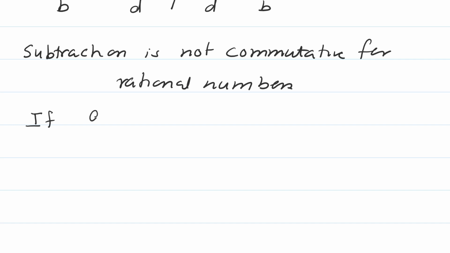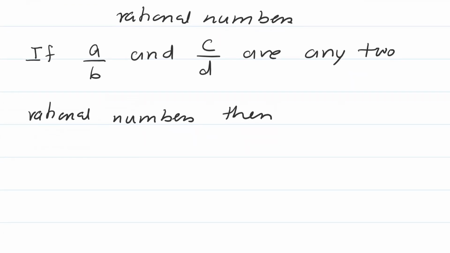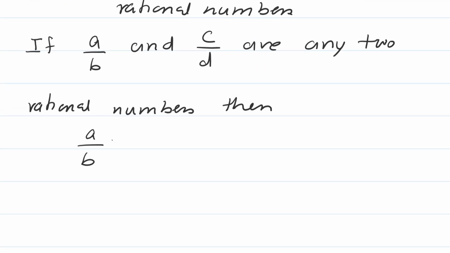So if a upon b and c upon d are any two rational numbers, then a upon b multiplied by c upon d is same as c upon d multiplied by a upon b.